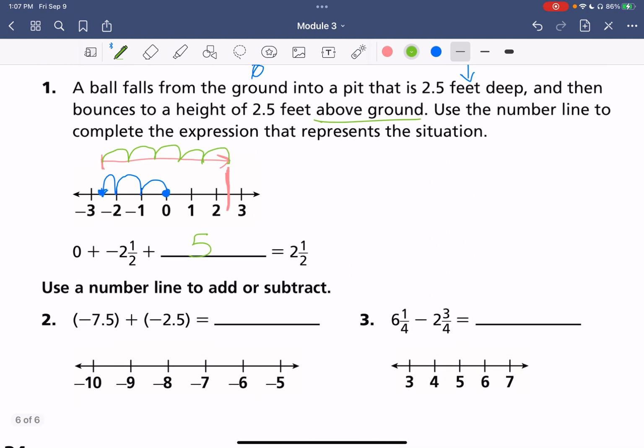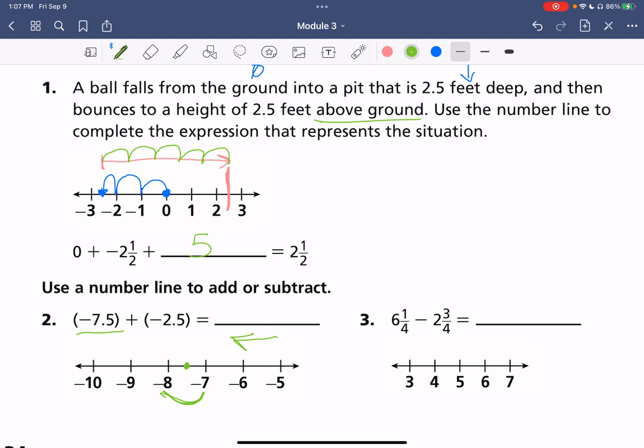All right, now we can use our number line to add or subtract. So we're going to start with that first number. So we're starting at negative 7.5. So it's going to be in between my 7 and 8 here. And then we're going to add more negatives. So we're already working down our number line.